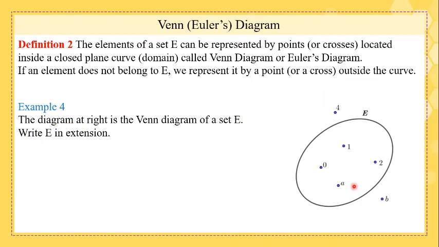The diagram at right is the Venn diagram of a set E. Write E in extension. We have 4 points inside E and 2 points outside E. Then E is the set 1, A, 2, 0. These points are inside E, and 4 and B are outside E. They are not in E.